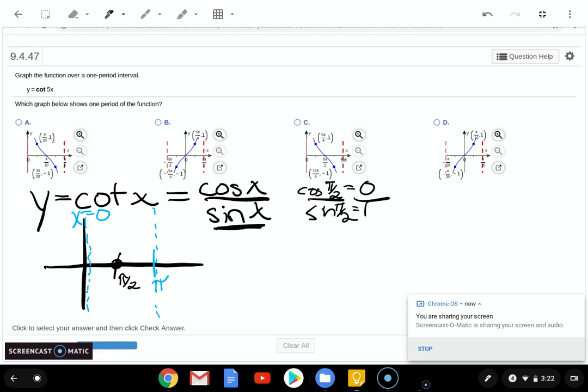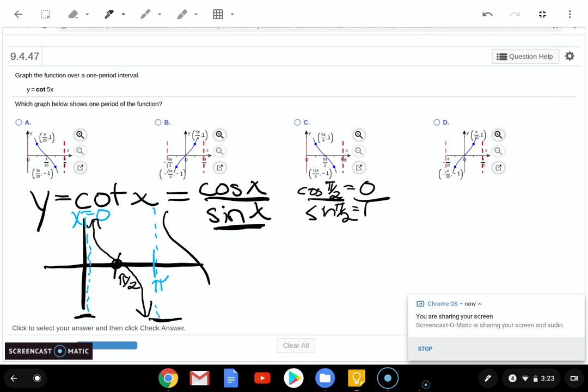The cotangent graph has a decreasing shape. So it looks like the graph of y equals tangent x, except it's decreasing instead of increasing, and it's got asymptotes in different places. You may recall the graph of y equals tangent x has vertical asymptotes at negative pi over 2 and pi over 2. So for cotangent, the asymptotes are at 0 and pi, and the graph goes downward.